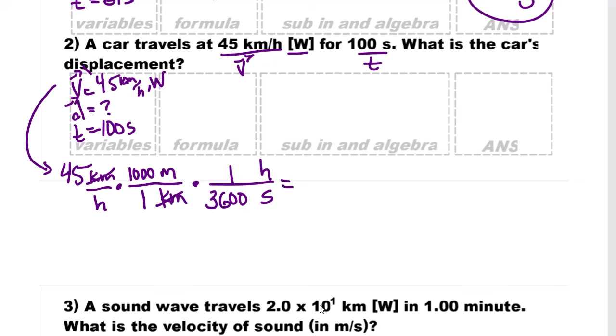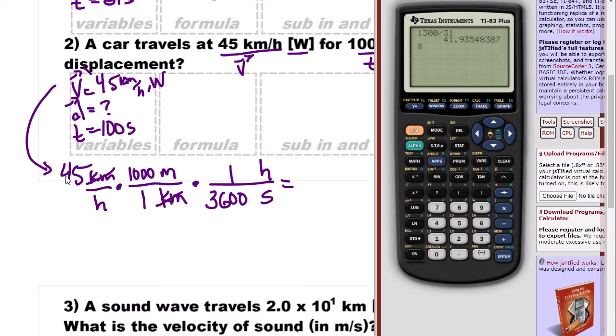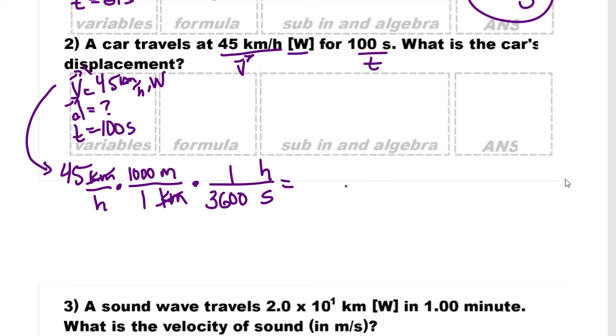So then the math I need to do here is multiply across the top 45 times 1,000 divided by 3,600 gives me 12.5 meters per second as my velocity in meters per second.